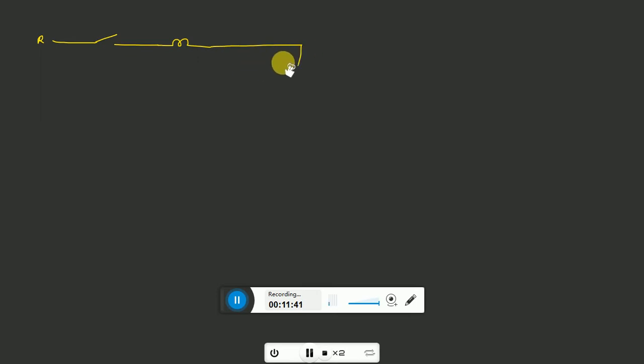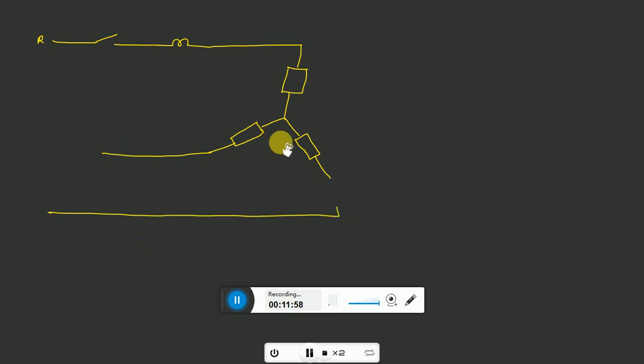This is your load impedance, this is the second load impedance, and this is your third load impedance. This is R phase, this is B phase, and this is Y phase.